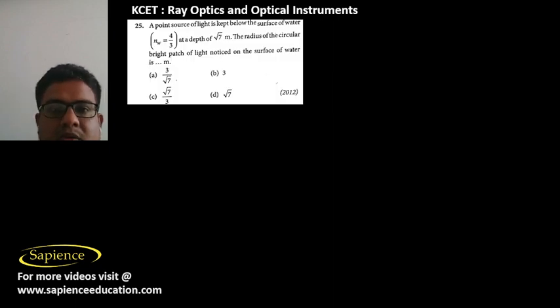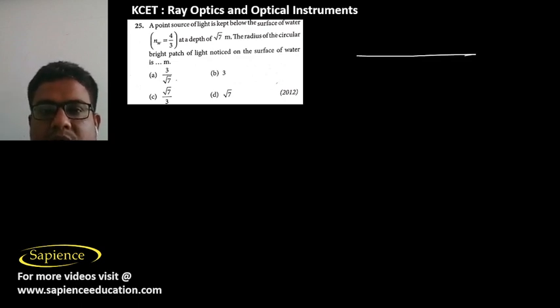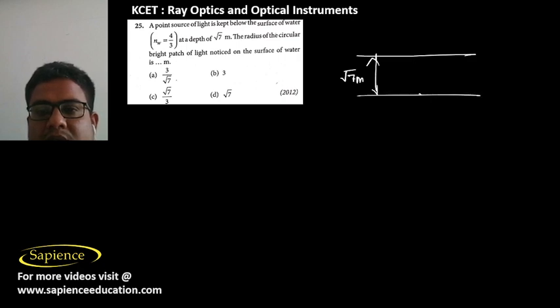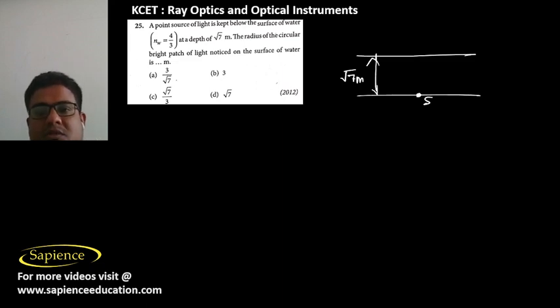Then in question number 25, it is told a point source of light is kept below the surface of water at a depth of √7 meters. Here one point source of light is kept. The radius of the circular bright patch of light noticed on the surface of water is?